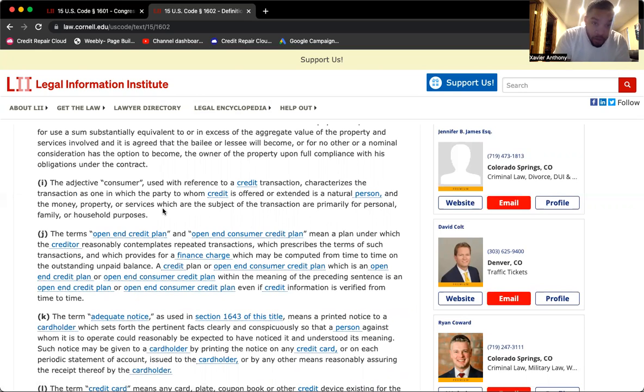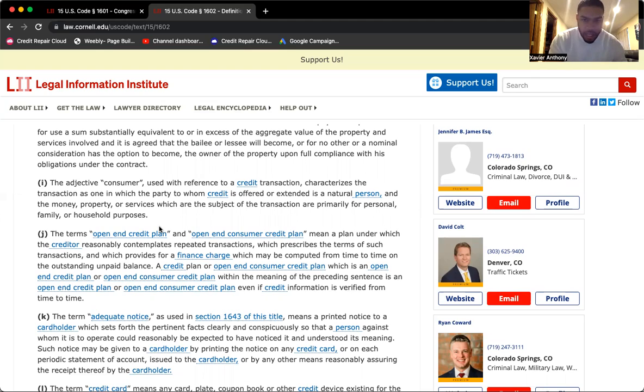This is who a consumer is. A natural person, to make a long story short, is us. Anyone using their credit to obtain money, property, or services for personal, family, or household purposes is you. You're a consumer. That's what we classified in this subchapter.